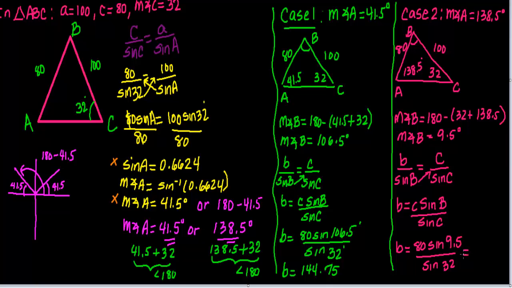And that gives you a value of b of 24.92. Okay? So here are your two possible triangles. With the given information, there are two possible triangles that can exist, and here they are. So you have to solve both.